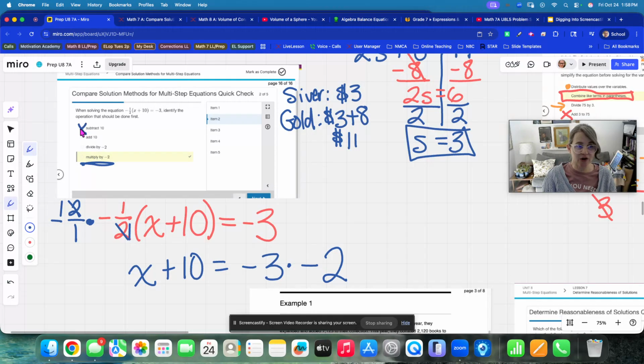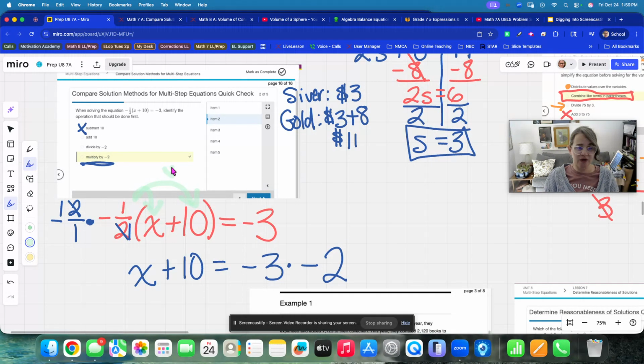Okay, I do want to point out here, subtract 10. This is a very bad thing to do. Okay, and the reason is that's not actually a 10. Think about it. I know it looks like a 10, but with the 1/2 outside the parentheses, that 10 is really a -5. Of course, because it's the opposite of 1/2 of 10.